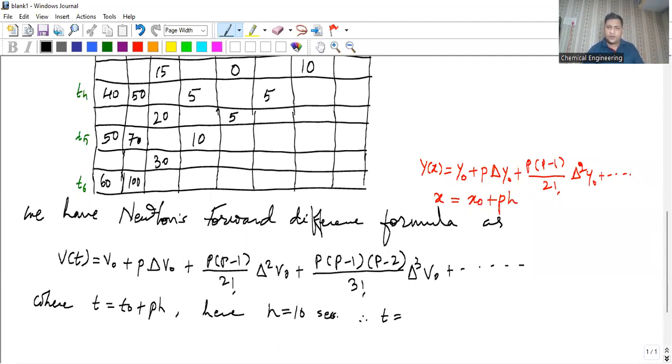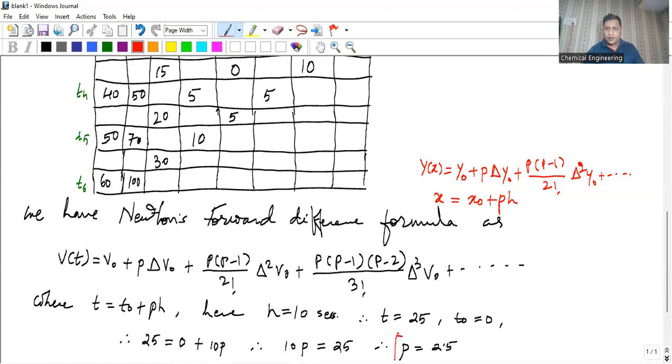What is the value of t here? t is going to be 25, t0 is equal to 0, and h is 10 seconds. So can we calculate the value of p? This is 25, equal to 0 plus 10 times p. So 10 times p is equal to 25, and p is equal to 2.5. Are you getting the value of p? Yes, sir. Okay, so this way we got the value of p.